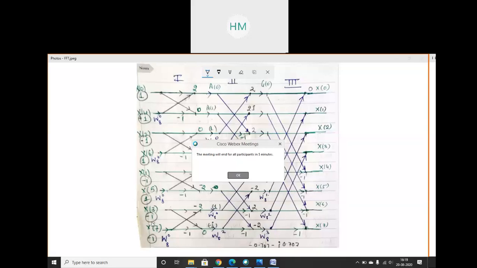And then you are having w8 1. और w8 1 क्या है हमारा? It is 1 minus j root 2. 2j plus. No, this is not the answer. j तुम कॉमन निकालोगे तो 2 minus 1 by root 2.